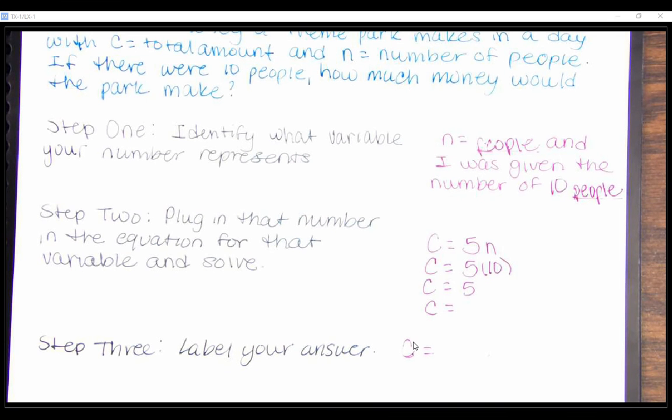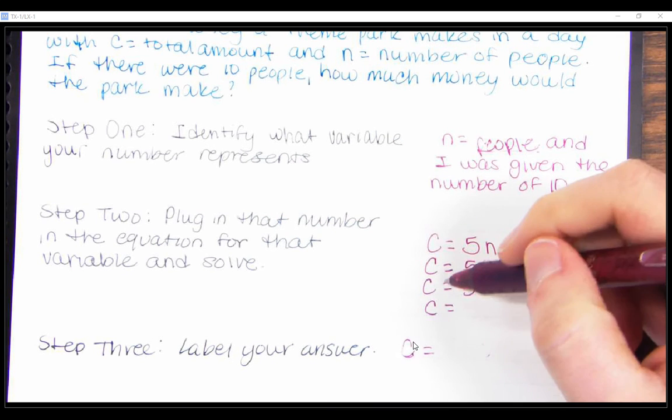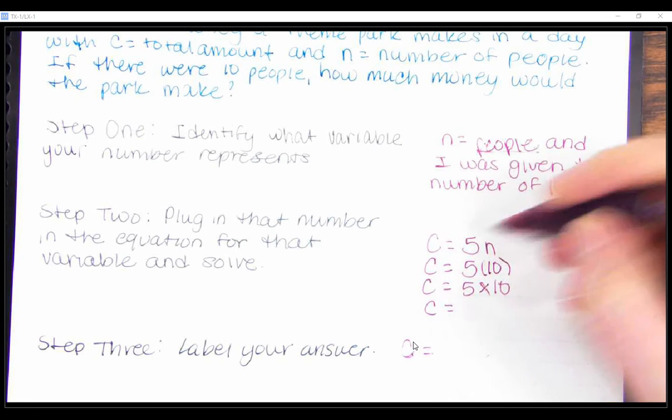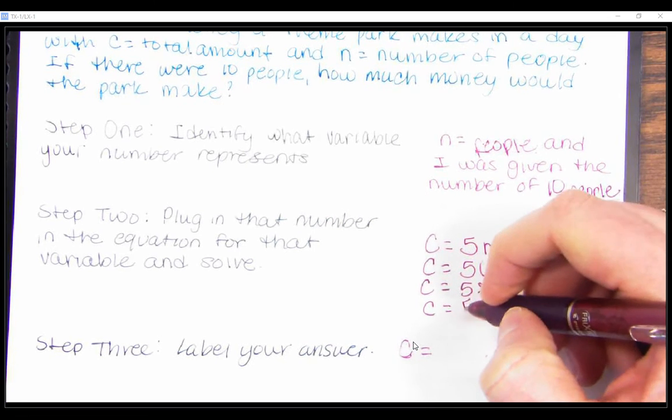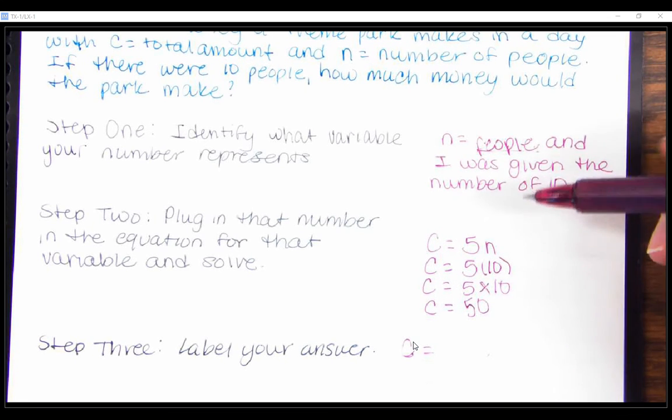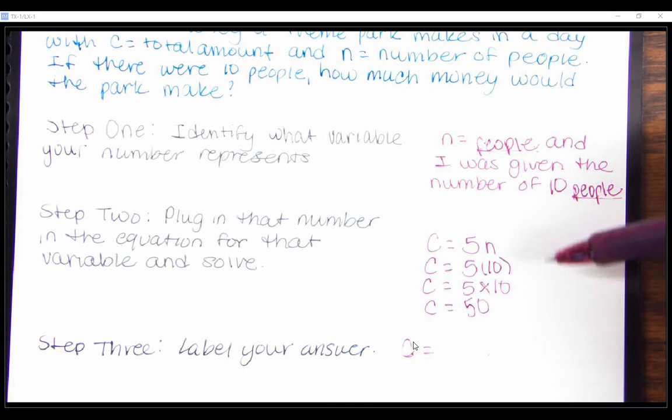They're not going to write that multiplication sign. So now I actually need to multiply 5 and 10 together, and I'm going to get my final answer of 50. So again, I took the number that was given, plugged it into my equation, and solved for it.